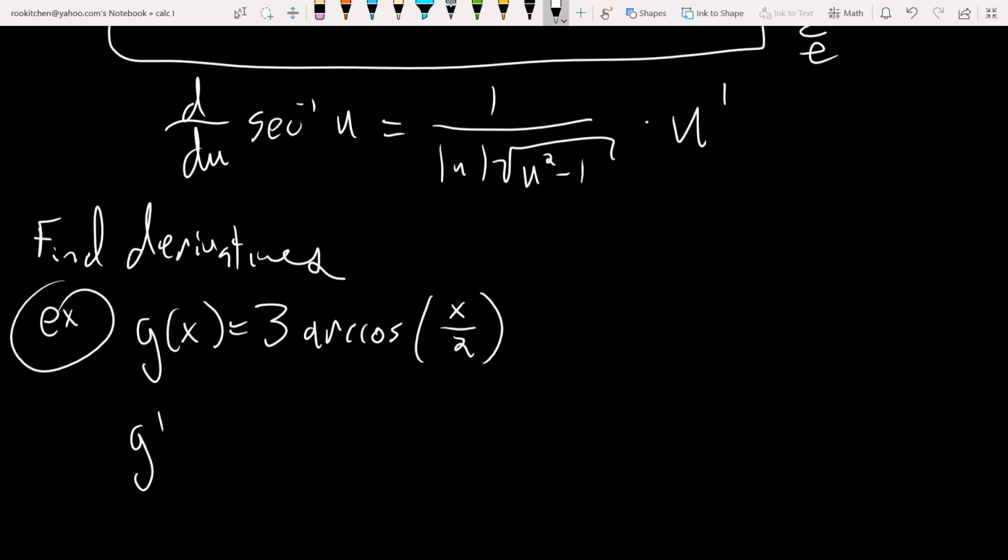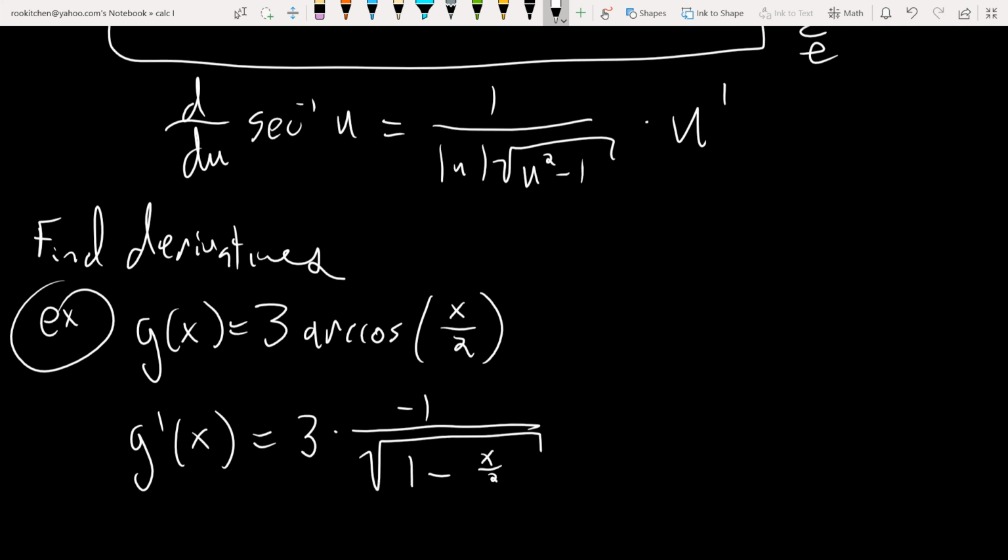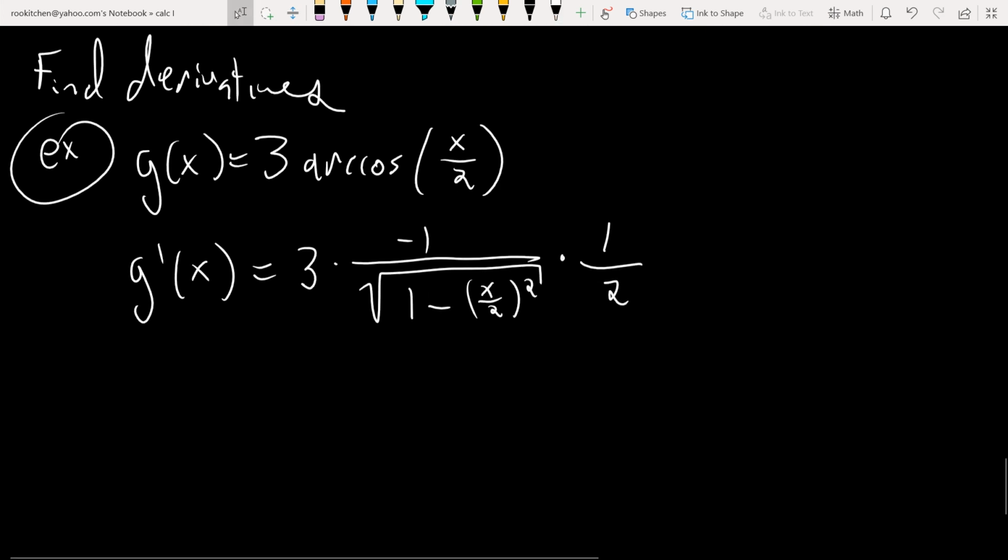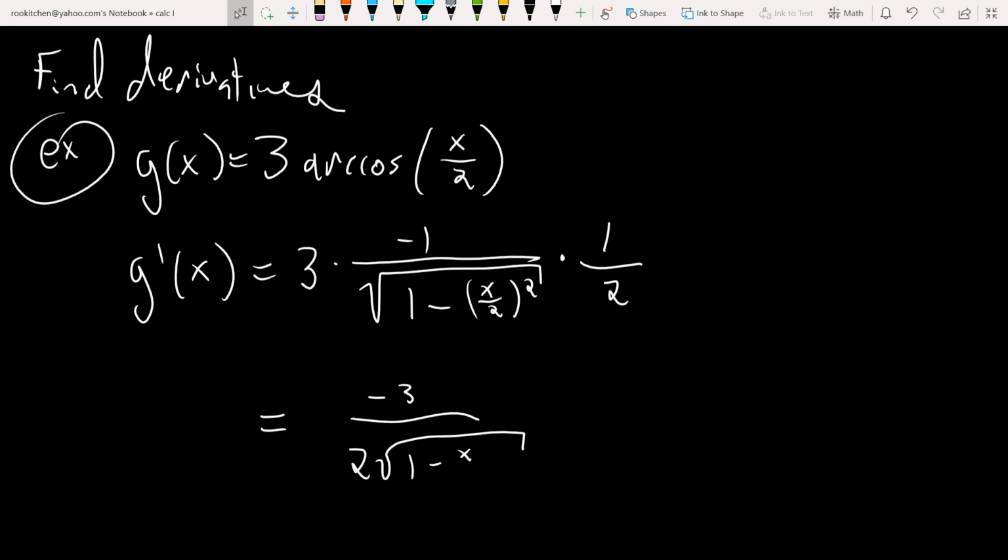So g prime of x will be 3 times negative 1 all over the square root of 1 minus x over 2 squared, and then times the derivative of x over 2, the guts. So that'll be 1/2. And then, of course, we'll clean it up a bit. So this will be negative 3 all over 2 times the square root of 1 minus x squared over 4.